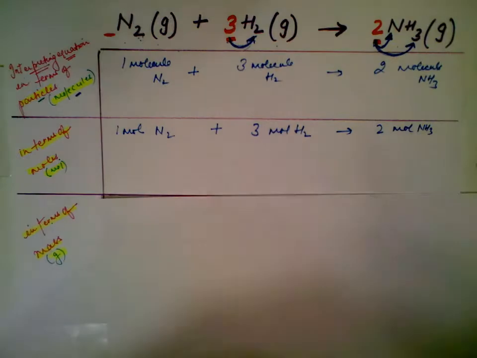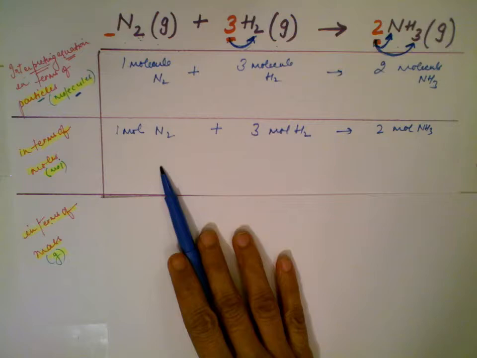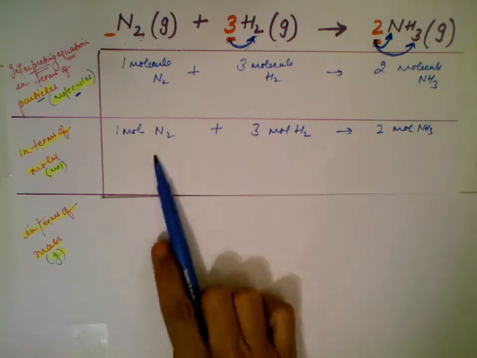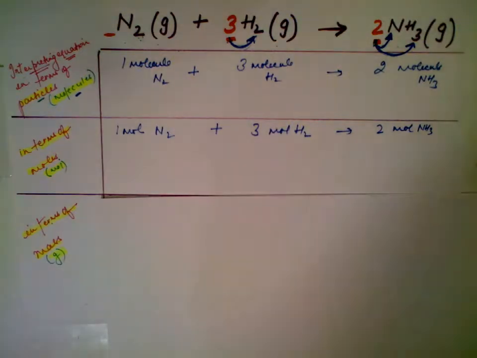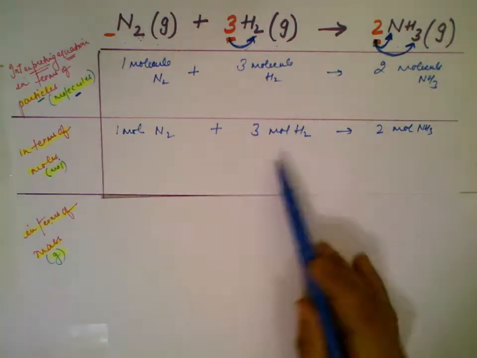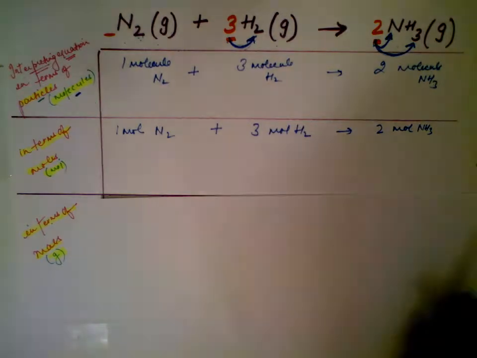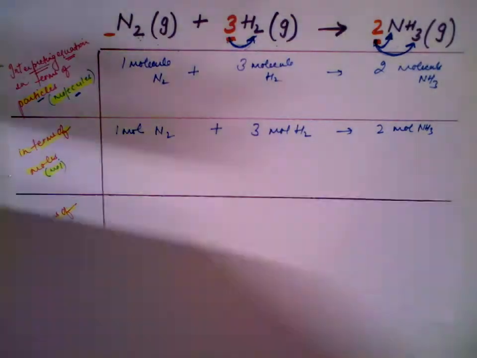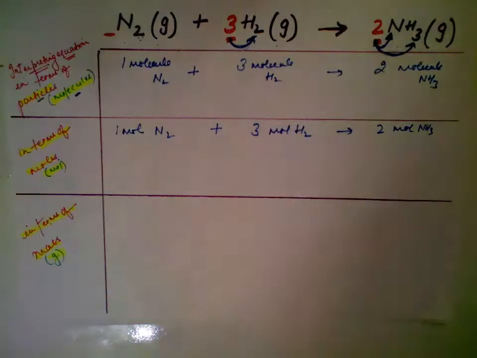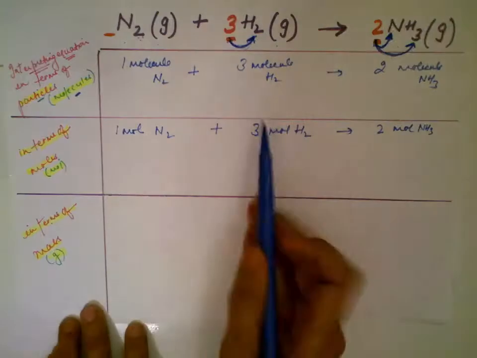Both of these reactants are consumed, used. When 1 mole of nitrogen and 3 moles of hydrogen are used, they react together to yield 2 moles of ammonia.